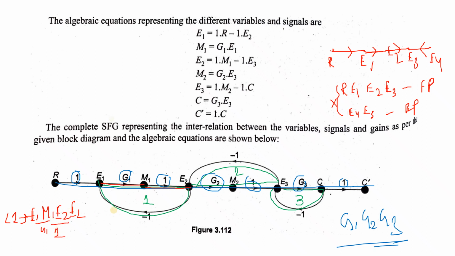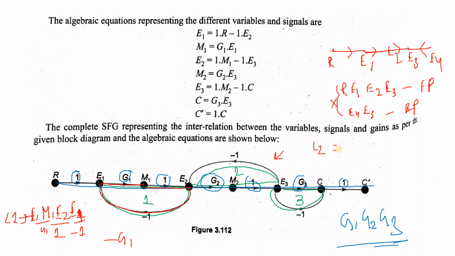G1. What is the gain of M1 to E2? 1. Now what is the gain of E2 to E1? -1. So that means G1 into 1 into -1, so it is minus G1.